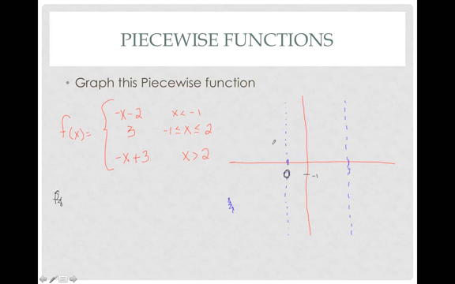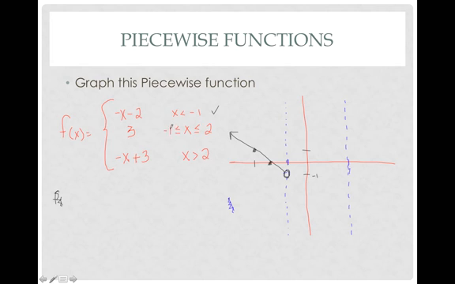So I'm going to use the open dot. And then, because it's a negative x value, it's a negative slope, which means I can't go to the right, because that doesn't exist to the right of negative 1. So I'm going to go up 1, left 1, and up 1, left 1 again. And that's going to create the left side of my piecewise function. So I've taken care of that piece.